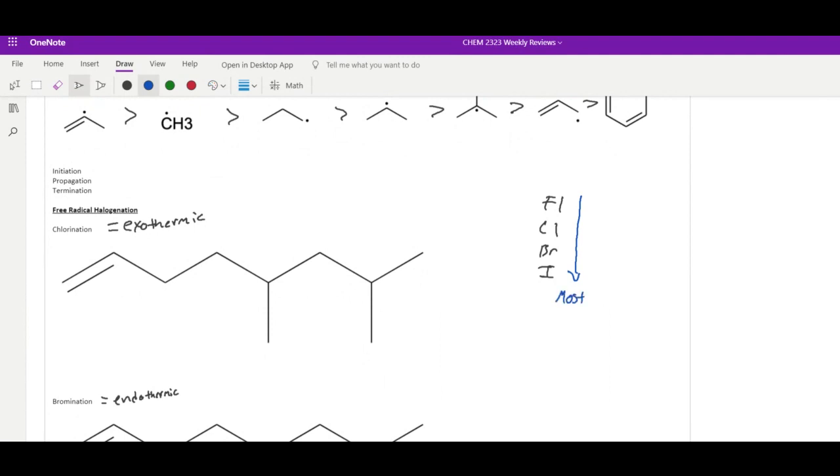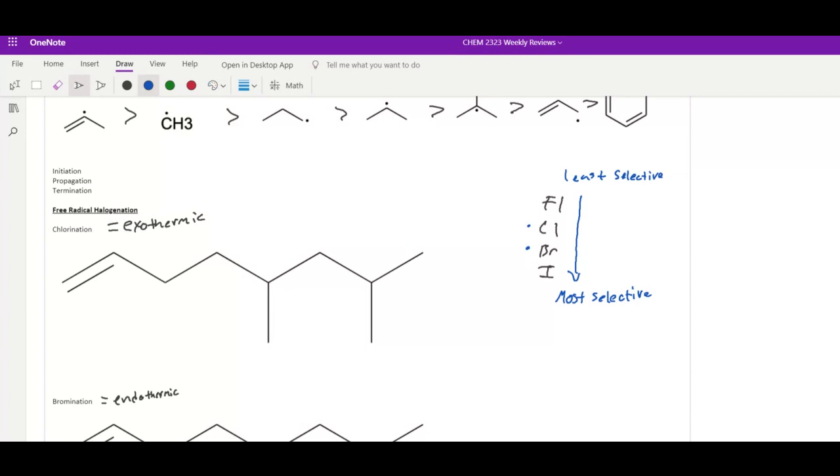So this is most selective, and this is the least selective. But we mainly talk about chlorination and bromination. So between chlorine and bromine, if I ask you what is more selective, you are going to answer bromine. And if I ask you what is less selective, you are going to answer chlorine.